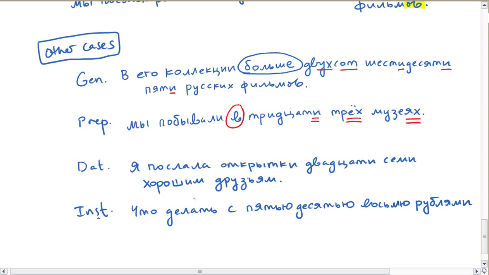Я послала открытки к 27 хорошим друзьям. Okay, and then the instrumental is in a class of its own, and you're going to have lots of soft signs and U's. So, что делать с 58 рублями? So, what can you do with 58 rubles?